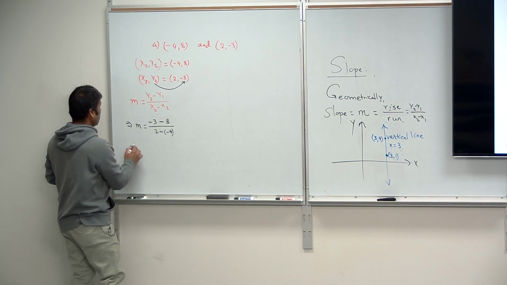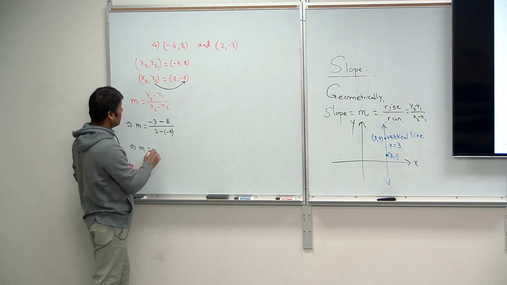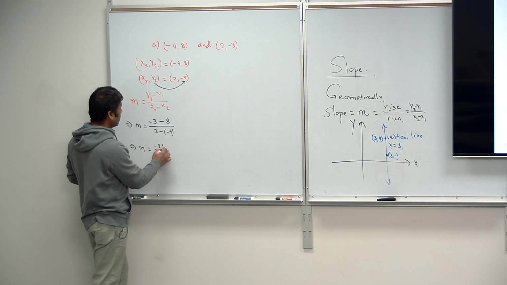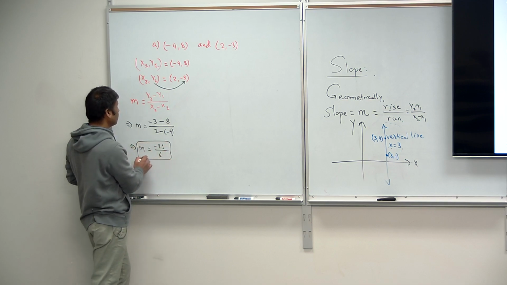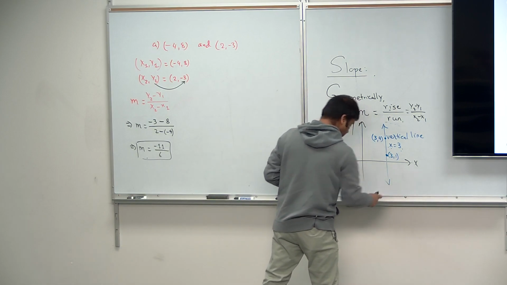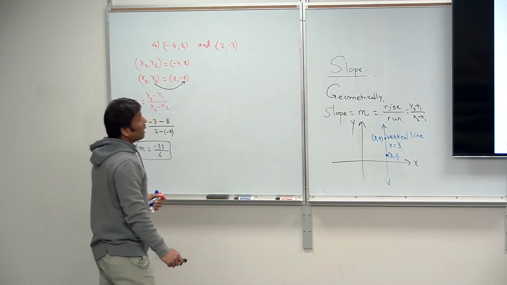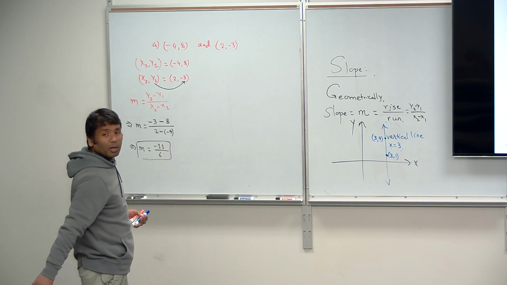Now it will be m equal to negative 3 minus 8, which is negative 11, over 2 plus 4, which is 6. So this is the slope. Good job, guys.